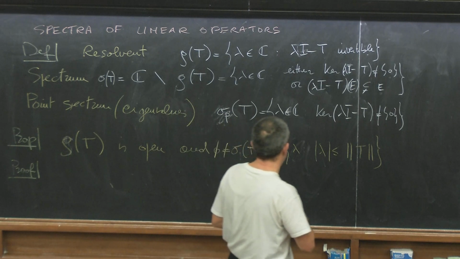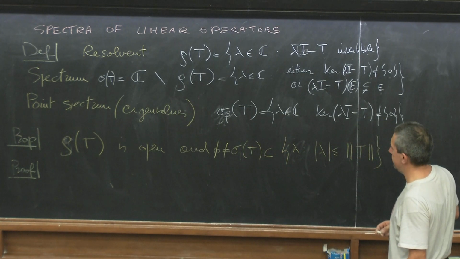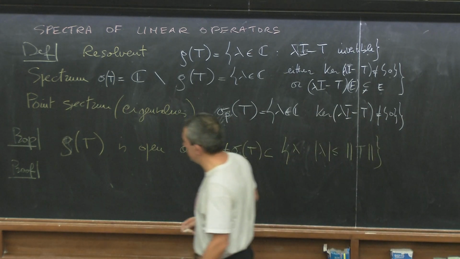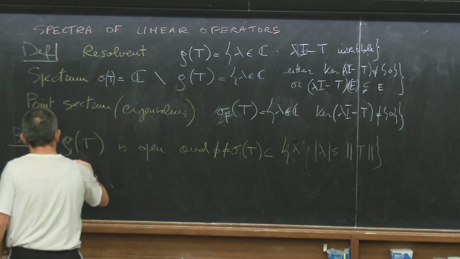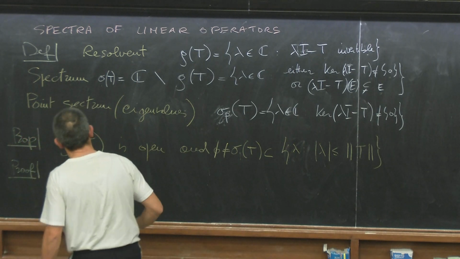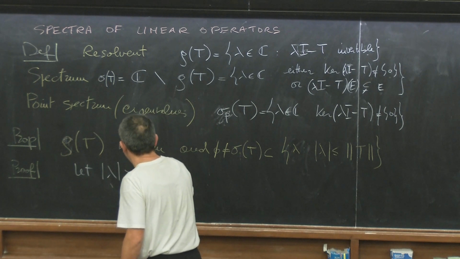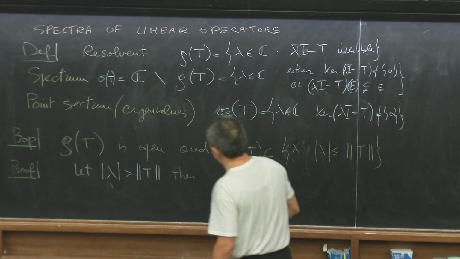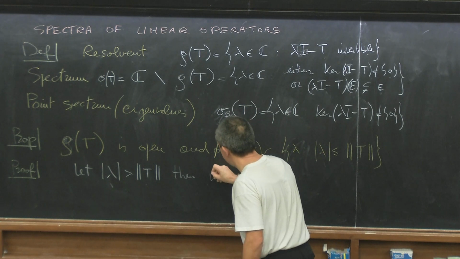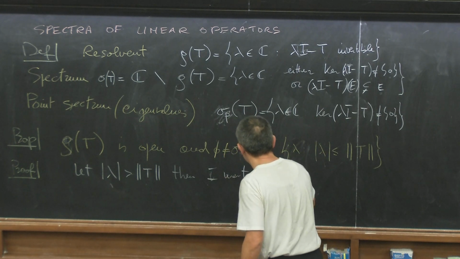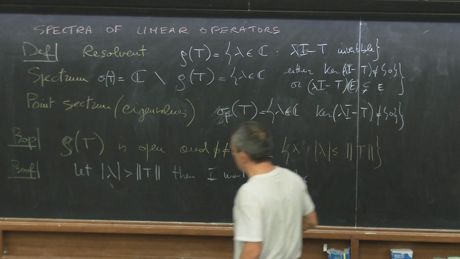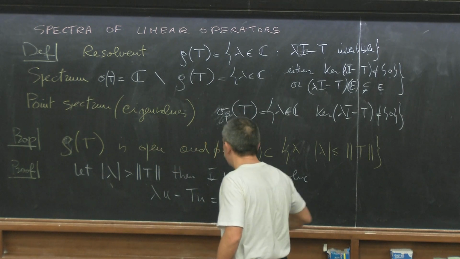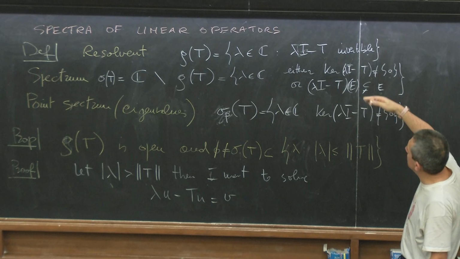So let's see this inclusion. Let lambda be larger than the norm of T. Then I want to solve lambda u minus Tu equal to v, because I want to show that it is invertible.